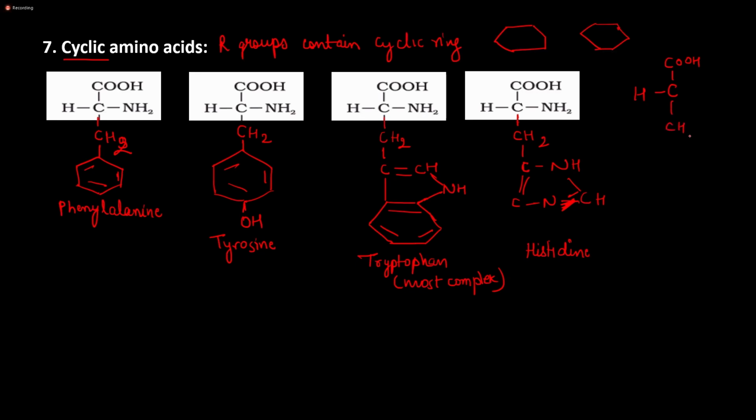So it also has a chain. But what is different in this? You remember this amino group that is common in all the amino acids, and the amino group is free, right? But in the case of proline, this amino group forms a bond with the R group or the side chain. So the structure looks something like this.